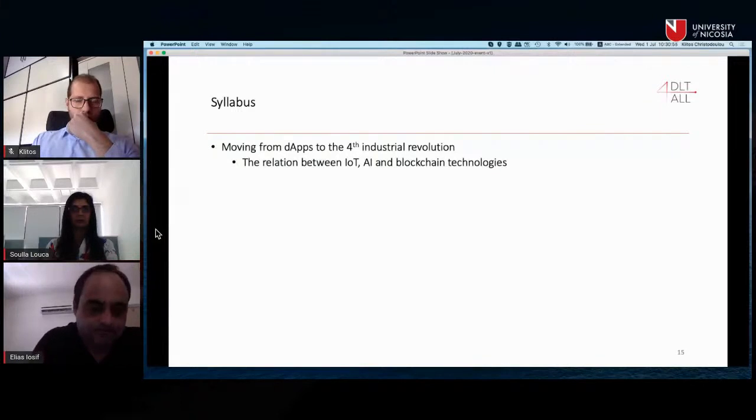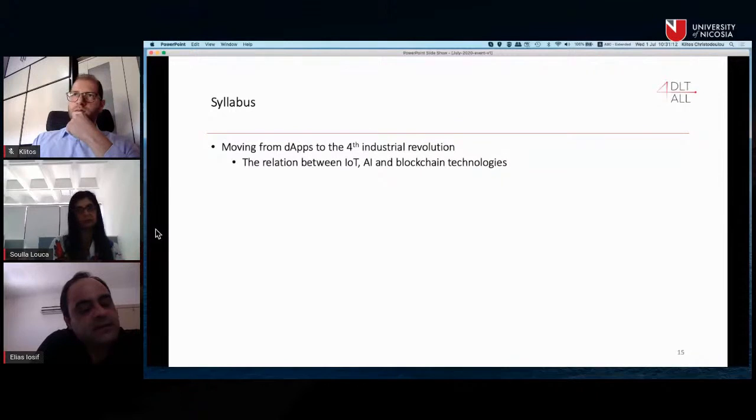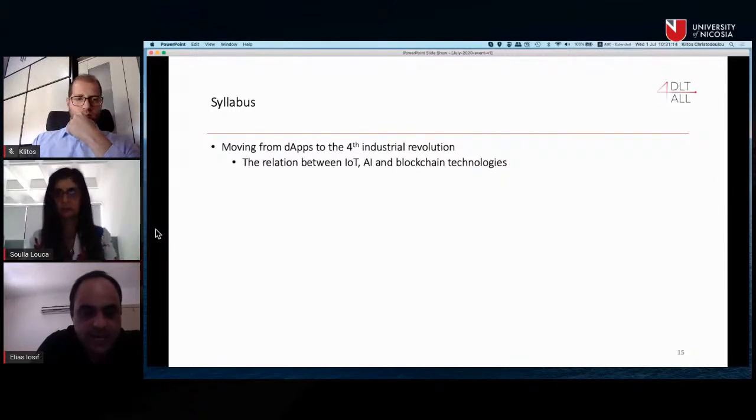The integration of all those emerging technologies, I think, creates the path towards more complex decentralized applications that give the first signs regarding the fourth industrial revolution. The fourth industrial revolution is quite a broad, generic term.